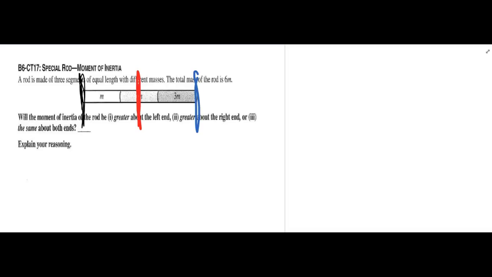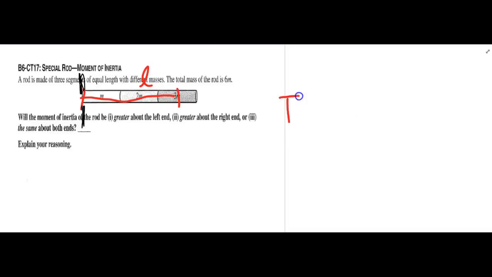Okay. Let's start with the left side. So holding it about the left, we break it down into different pieces. I have the 3M, and it's almost the entire length of the rod.